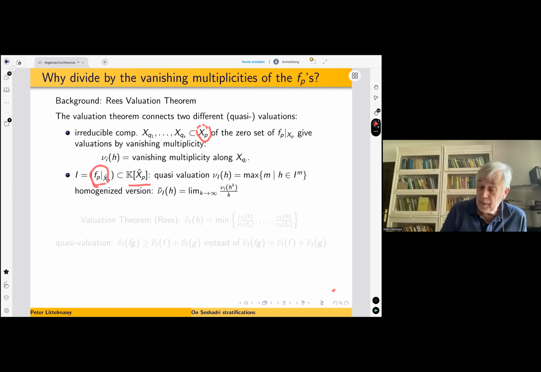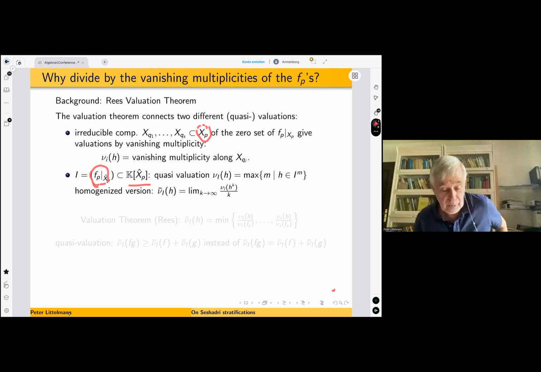Starting with a regular function h, I look for the maximal power m so that h lives in I squared, I cubed, and so on up to I^m. And this number I remember. One can show that this is a so-called quasi-valuation. Quasi-valuation means that instead of an equality for the valuation of the product or the sum of two functions, I only get an inequality.